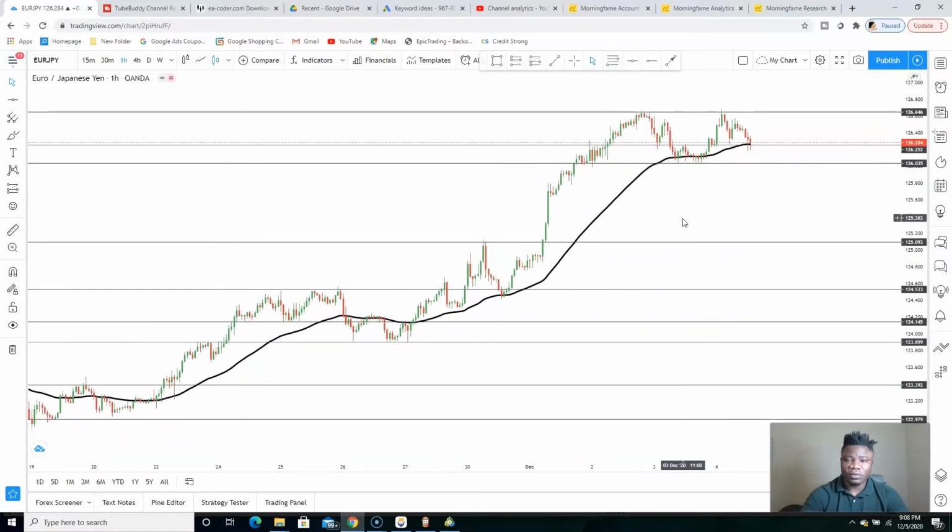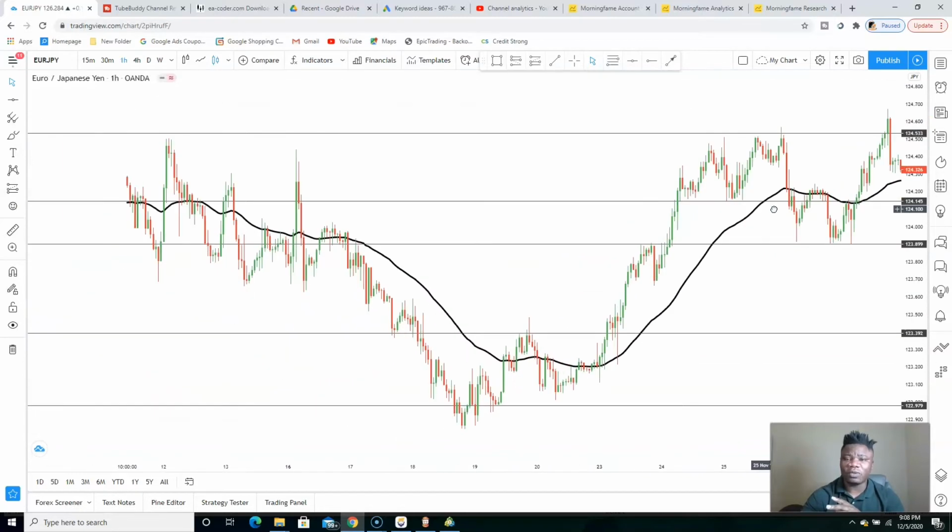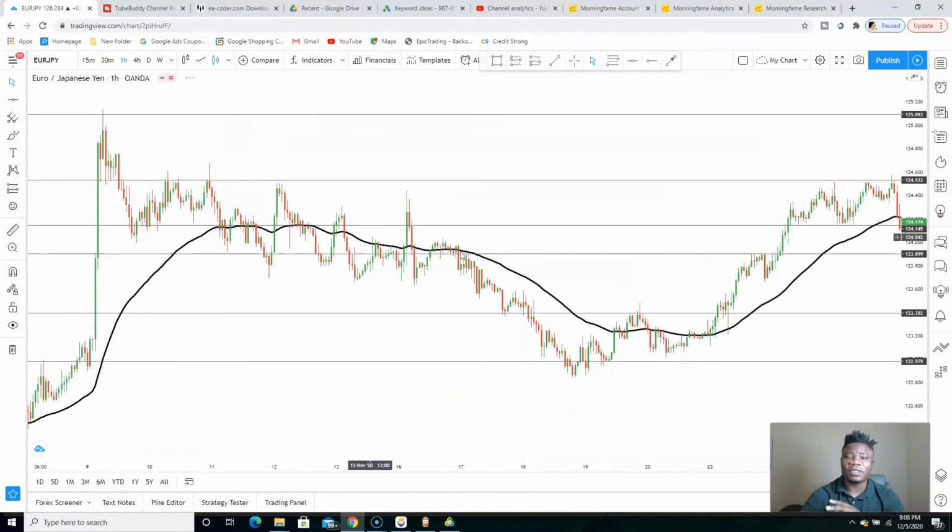So just in case you guys don't know, when price is above the 50 EMA, we're looking for buying opportunities. That's what we're looking for. When it's above the 50 EMA, we're only looking to buy. We're not looking to sell when price is above the 50 EMA. Now, when it's below the 50 EMA, we're only looking to sell.